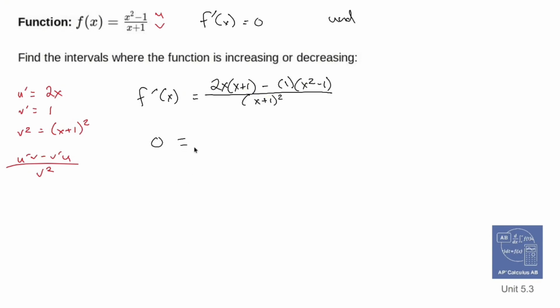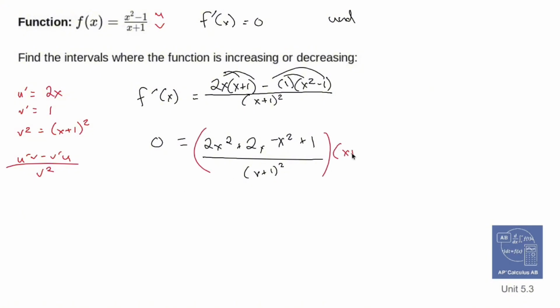Set it equal to 0. You're going to distribute that, so 2x squared plus 2x. You're going to distribute that, so minus x squared plus 1, all over x plus 1 squared. Let's multiply both sides by x plus 1 squared to make it go away, because we really don't need it. All right, boom.